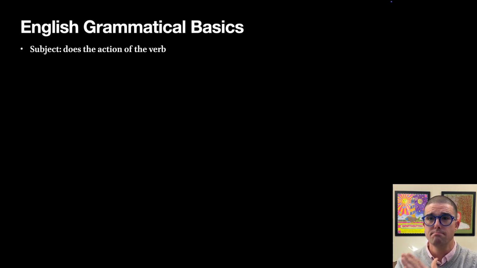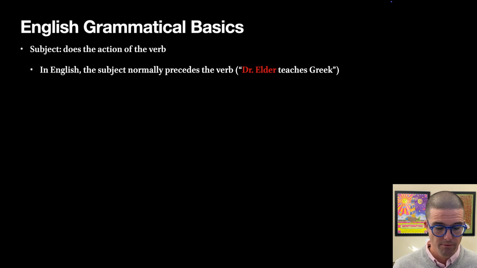So the subject is the most closely related entity with respect to the verb. And in English, we like our subject to precede the verb, as I said earlier. Dr. Elder teaches Greek. We know that I am the one teaching Greek because my name precedes the verb.